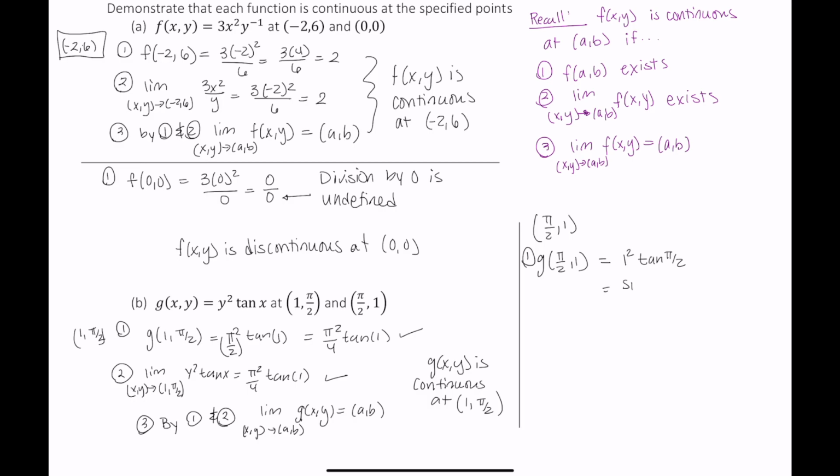In case your trig is rusty, sine of pi over 2 is 1 and cosine of pi over 2 is 0. Again, this is division by 0. So this function, g of x comma y, is discontinuous at the point pi over 2 comma 1.